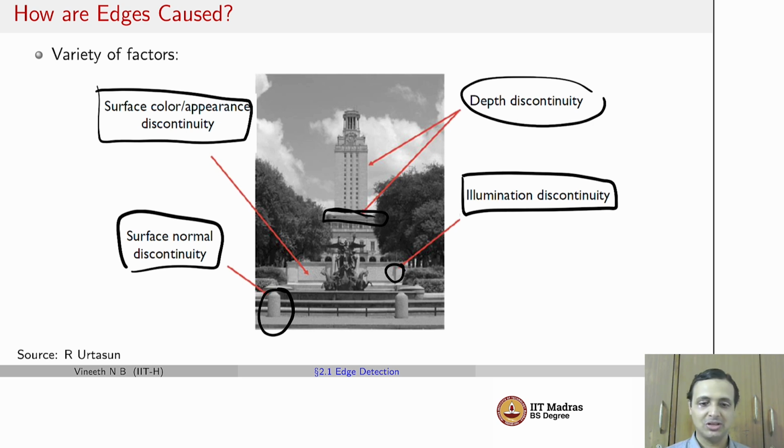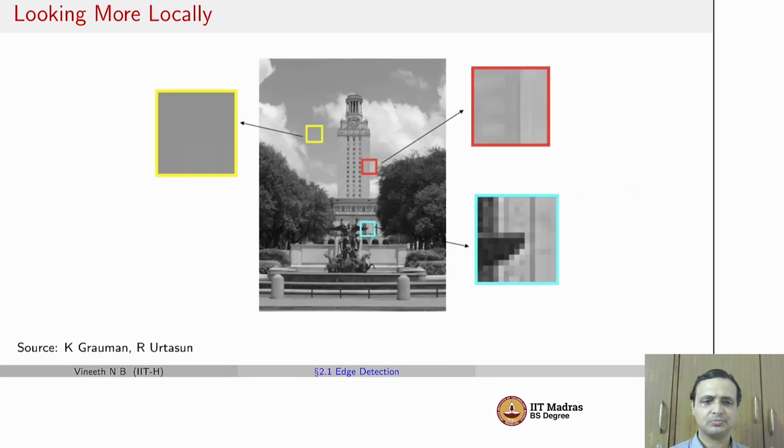For example, you see here that there's a small artifact where a portion of a shadow falls on that region and you see an edge in that particular place. These are not the only kinds of discontinuities that can cause edges, but these are examples of discontinuities that can cause edges.